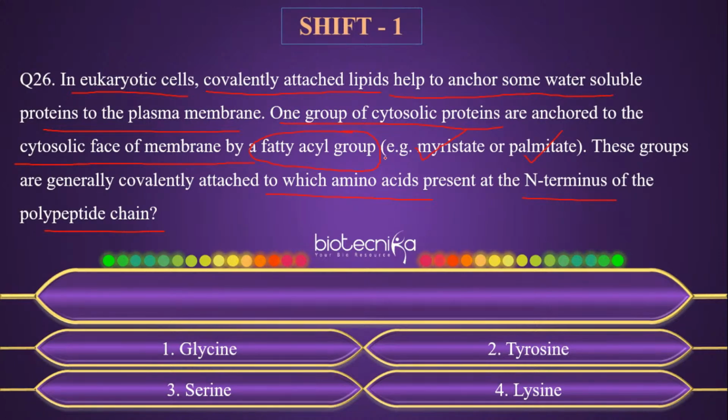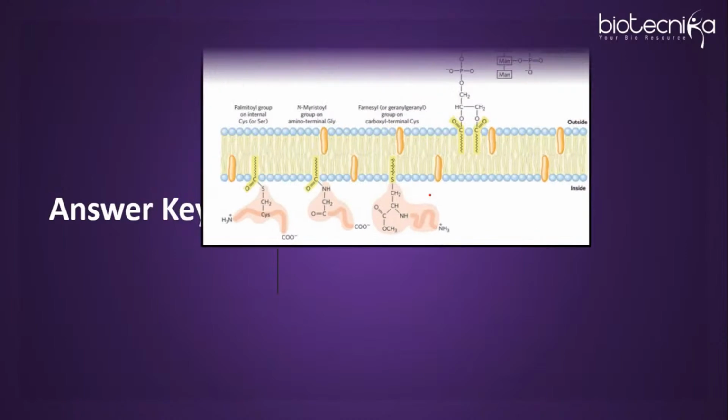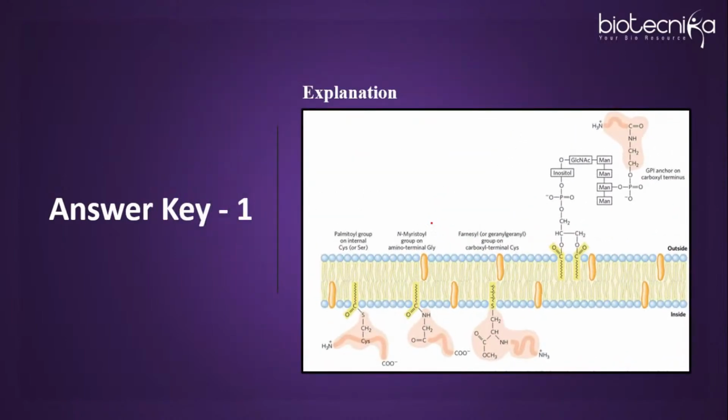They have asked for the amino acid present at the N-terminus region. So they have already given you the answer in the second part of the question. If you remember this picture, you'll be able to get the answer. The answer will be glycine.